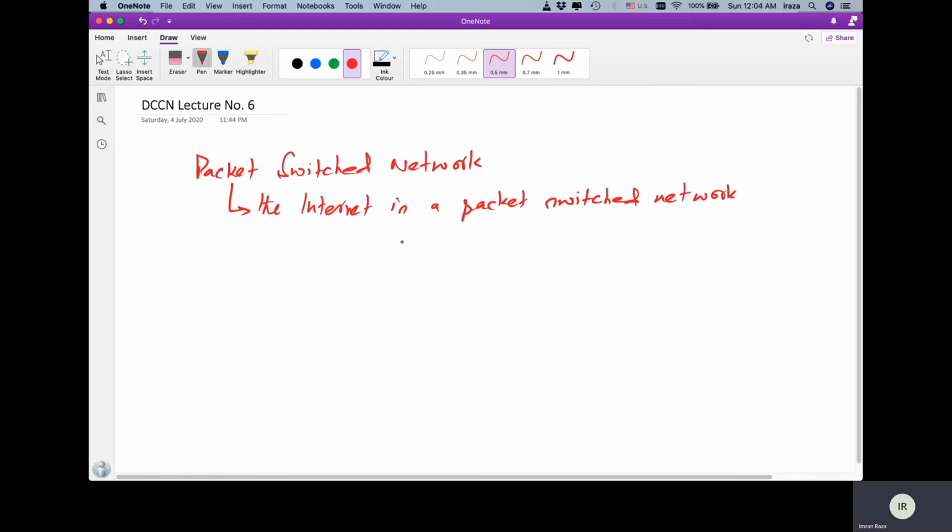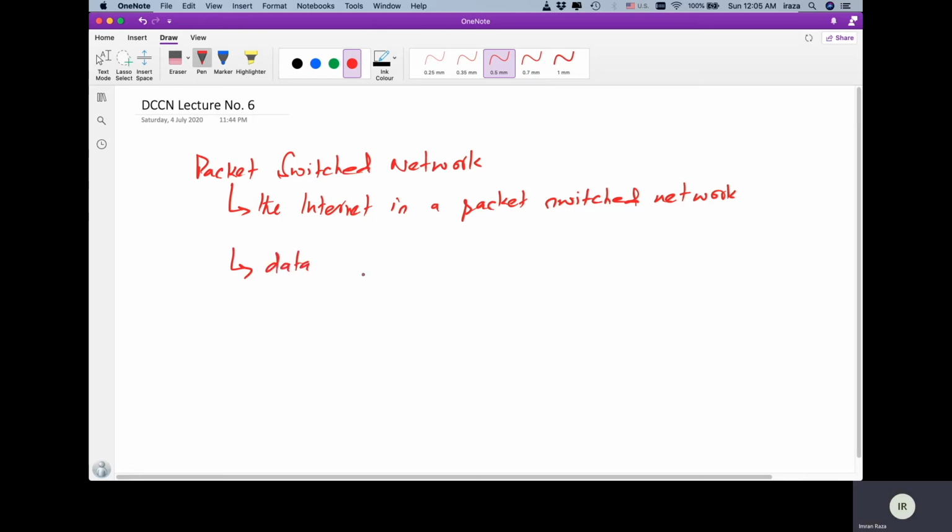We have briefly talked about packet switched networks in our previous lectures. So in a packet switched network, we know that the data is packed into packets or datagrams.